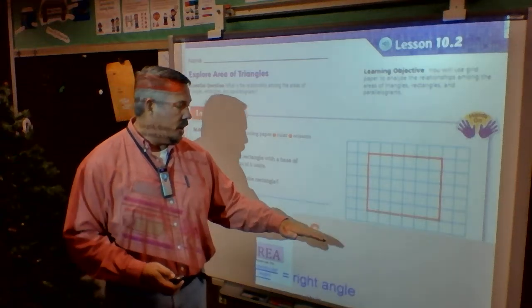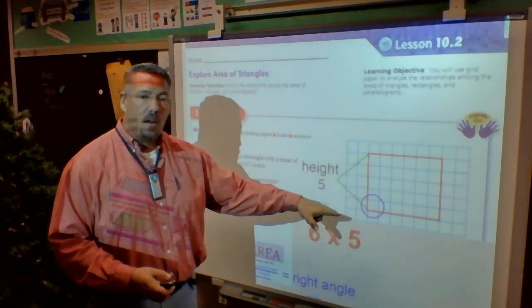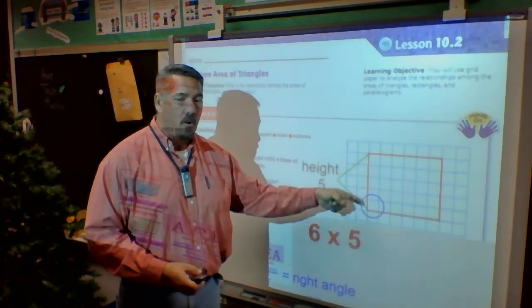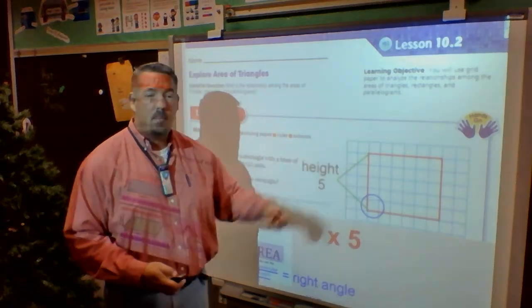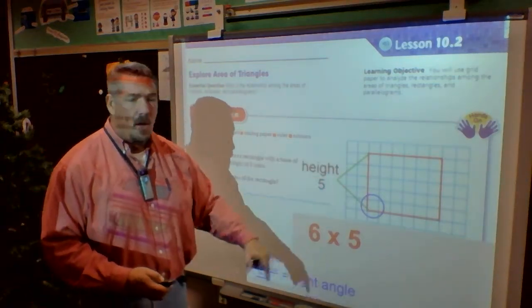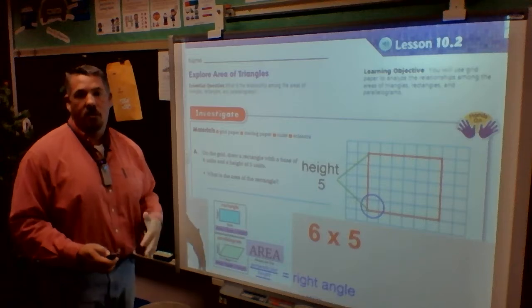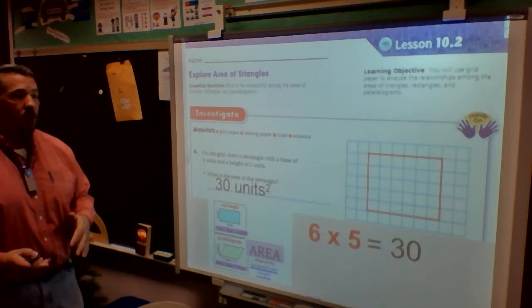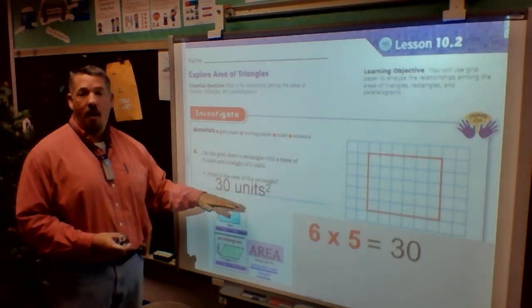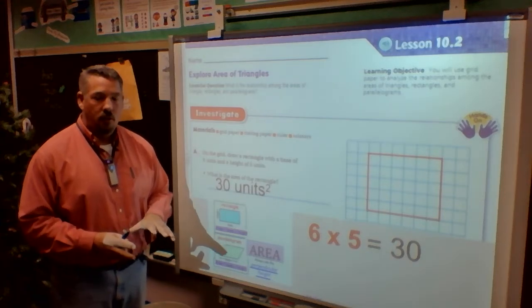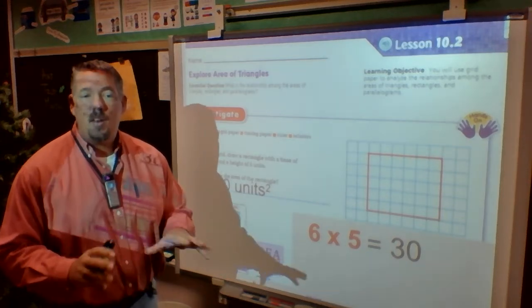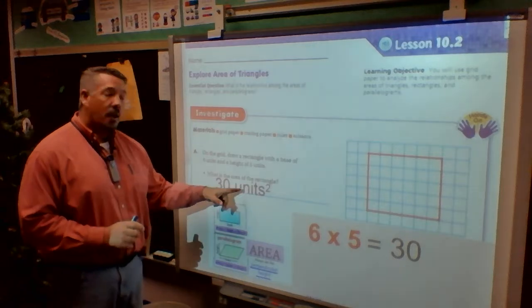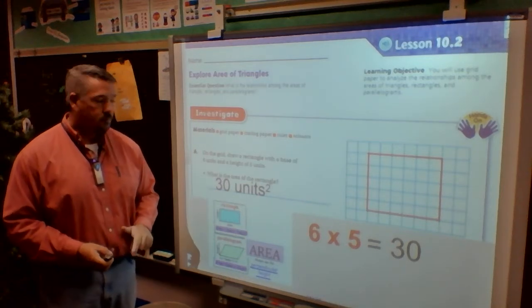So our base is 6, and when I look at that right angle, I know that that other part that's touching it is going to be my height. So my height is 5. Multiply those together, 6 times 5 does give me 30. And once again, anytime I have area of anything, doesn't matter what shape I'm finding, I'm going to have square units.